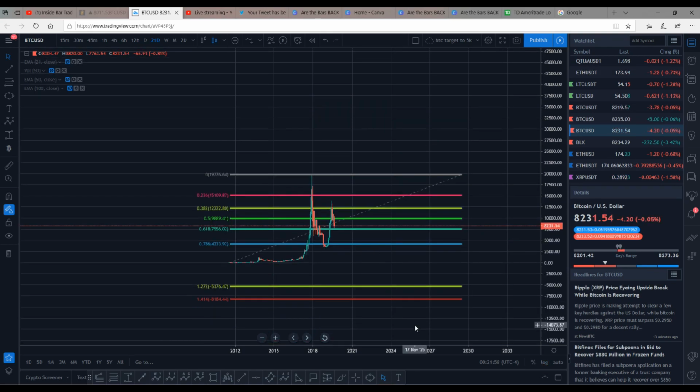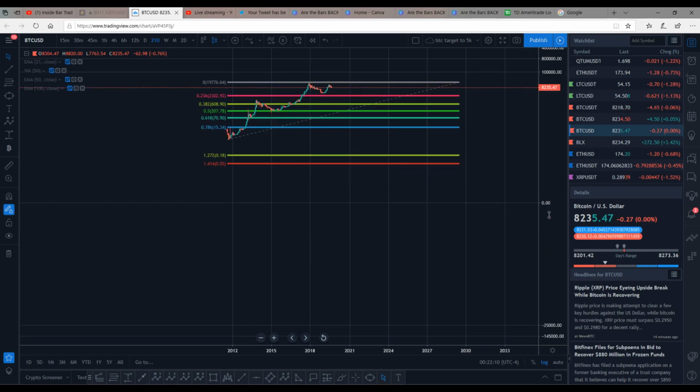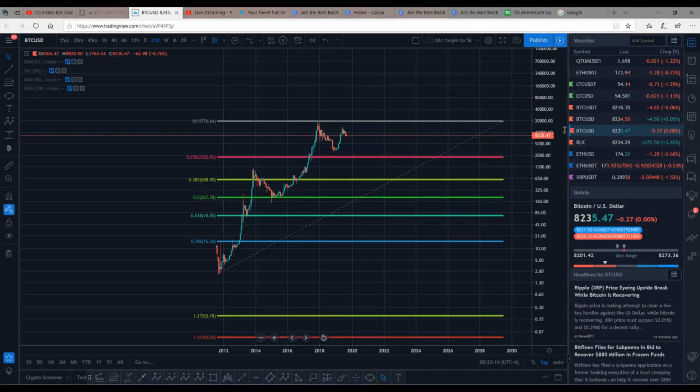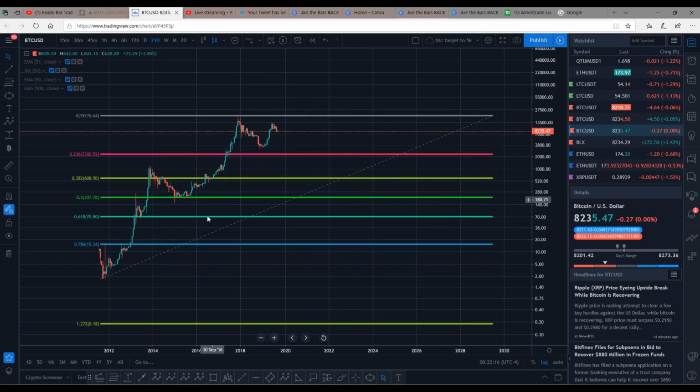You're gonna look like this, and then we retrace down to 0.786. So just always have your chart on log scale. It is better. It gives you better views and better price targets.